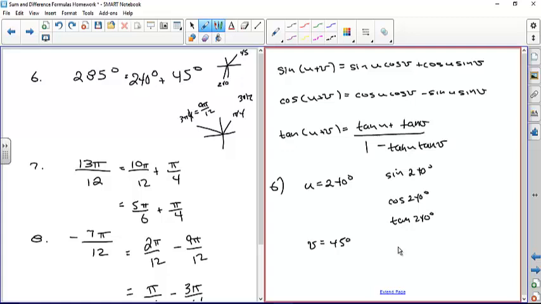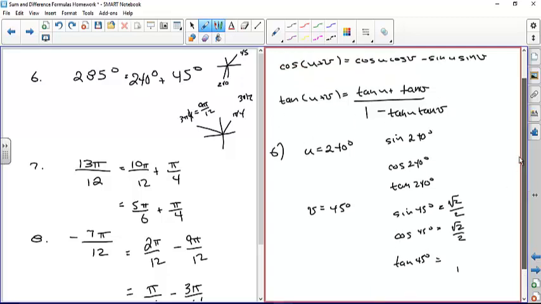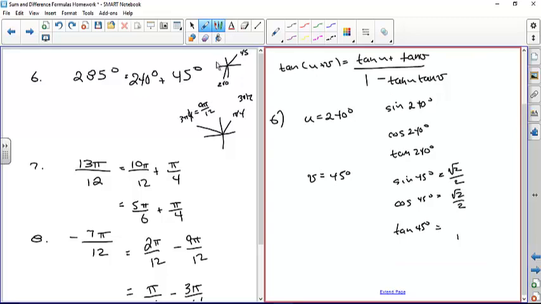Here we need the sine of 45, cosine of 45, the tangent of 45. Well, these are the easiest ones because they're in the first quadrant. Square root of 2 over 2, the square root of 2 over 2, 1. As far as 240 is concerned, it's this on the unit circle. So the sine is going to be negative, the cosine is going to be negative, and the tangent is going to be positive.